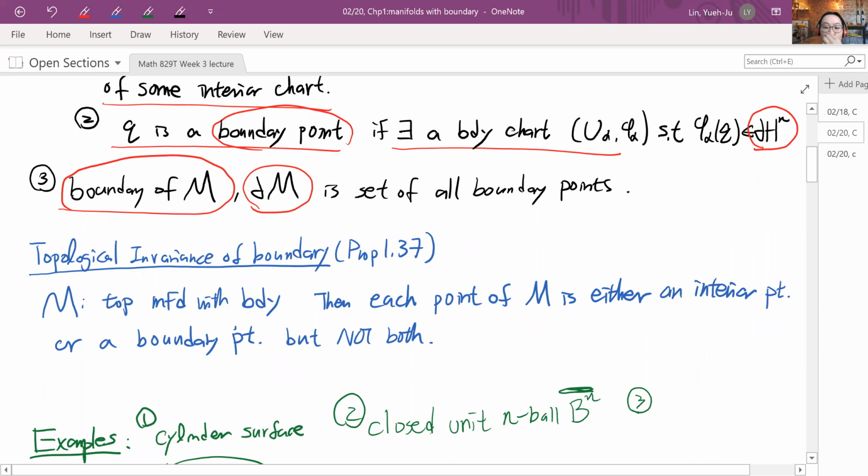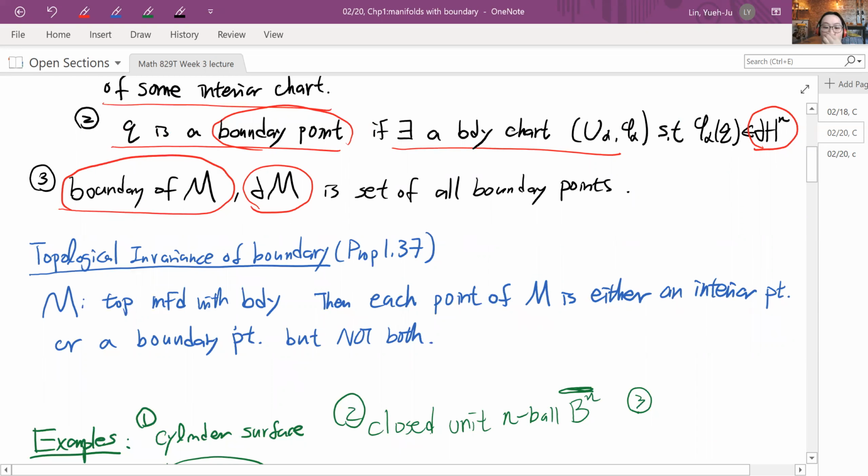So this is the treatment of how to check whether a map is smooth when you have this kind of special open set, including the boundary. Okay, so once we make sense of such a smooth map, then the collection of all the charts whose domains cover the whole M, plus all the transition maps being diffeomorphisms in the above sense, we call a smooth atlas.